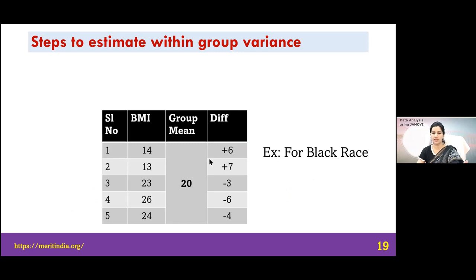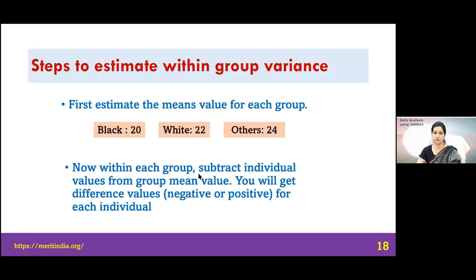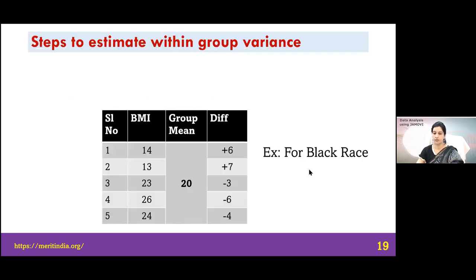In this case, this is the 20, for the first group, the black one. So we are just showing you one example. You can see the differences: this is 14, so this will be minus 6, this will be plus 7, minus 3, minus 6, and minus 4.